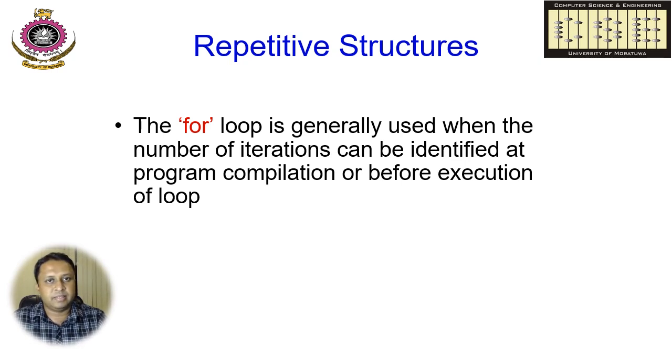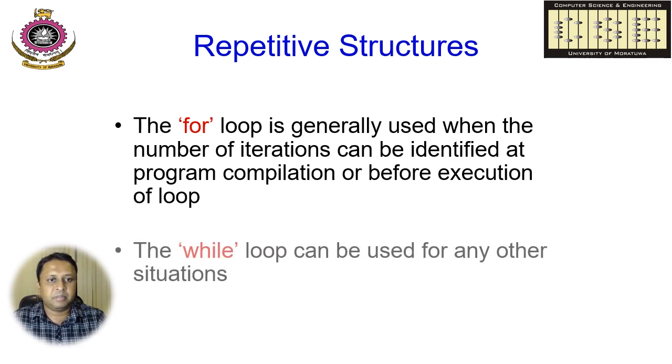So if the number of repetitions we need is known beforehand, we can use a for loop without hesitation. But in all other situations we might need to use a while loop, right? So for is a definite situation, while can be an indefinite situation.